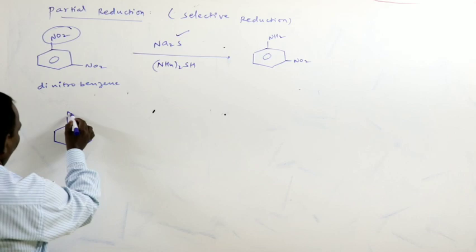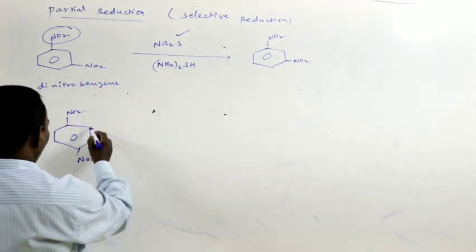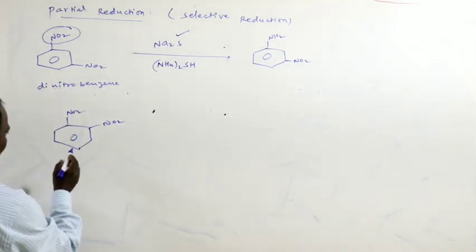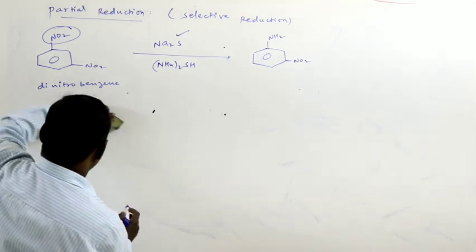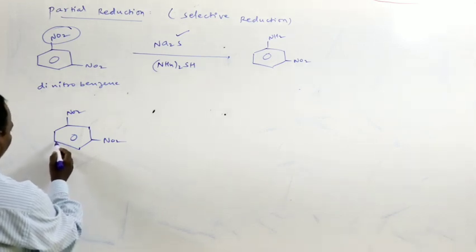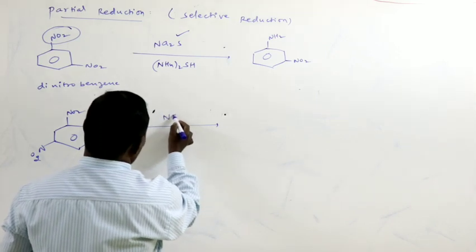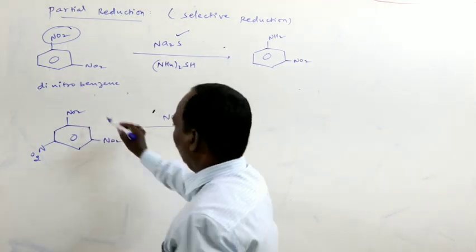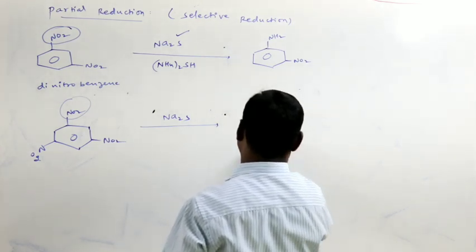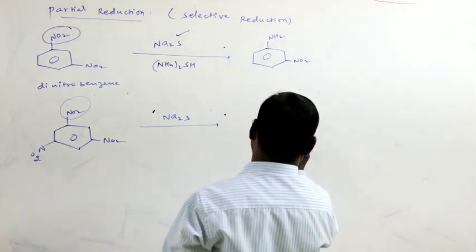Now consider trinitrobenzene: three NO2 groups are present at meta positions, symmetrical trinitrobenzene. In this selective reduction with Na2S, only one NO2 group is reduced to an amine group. Okay, this is selective reduction or partial reduction of NO2 groups.